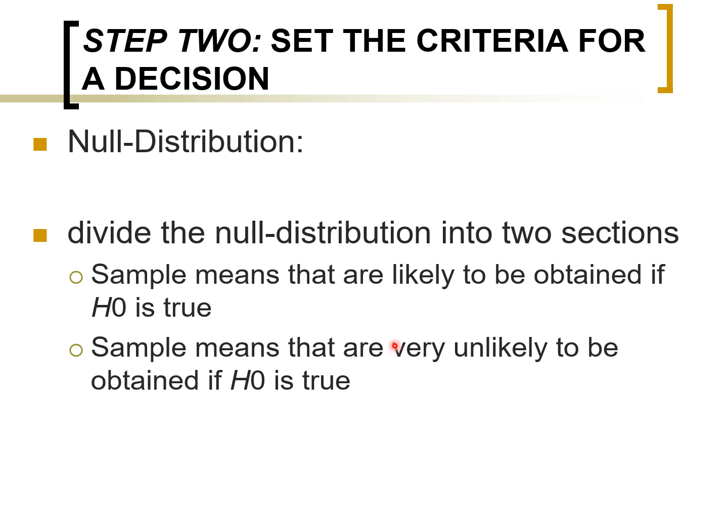It's possible. But if it falls into one of these extreme areas, what we're going to call a critical region, then we think there probably is a treatment effect and it doesn't fit on this non-treatment distribution. And so we have enough evidence to reject the null hypothesis in that event.